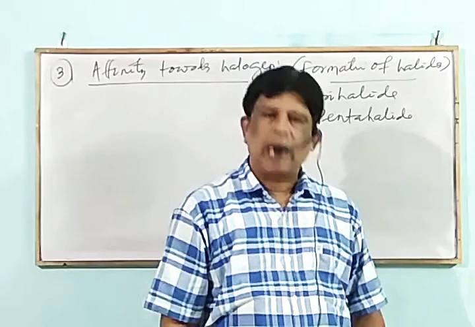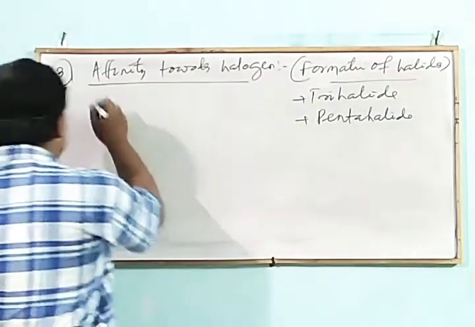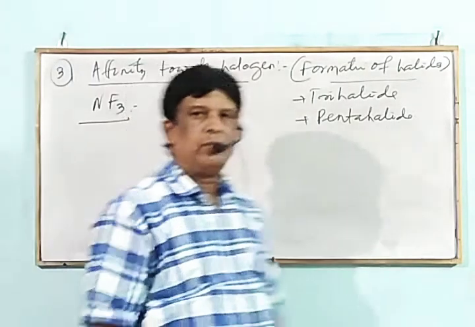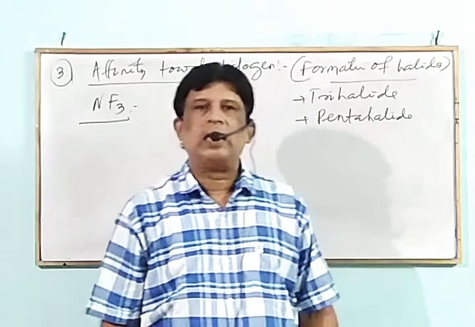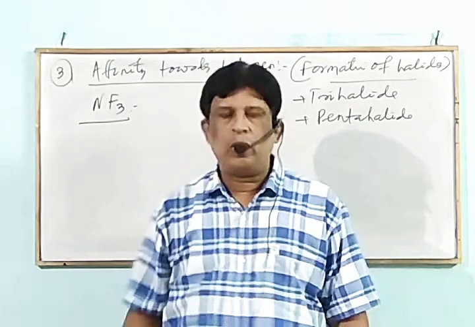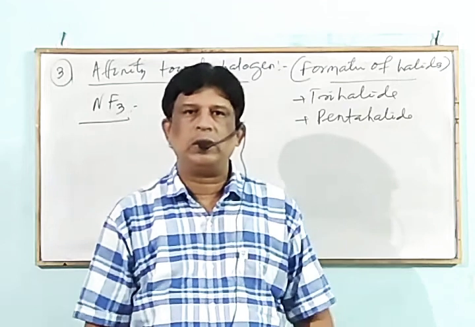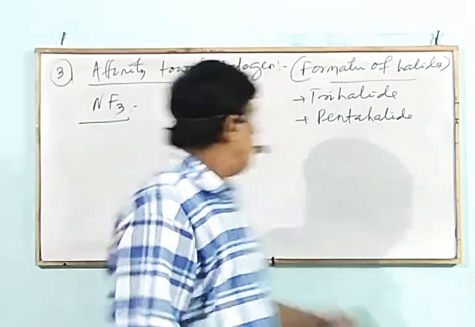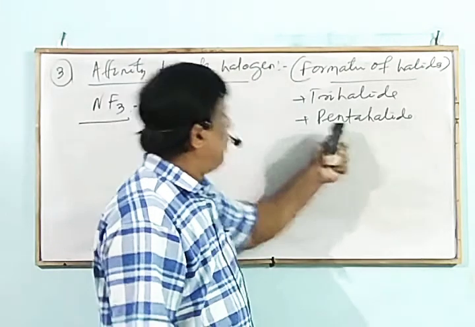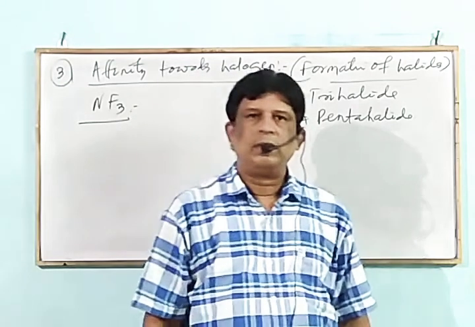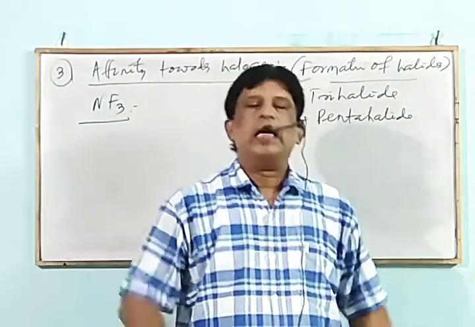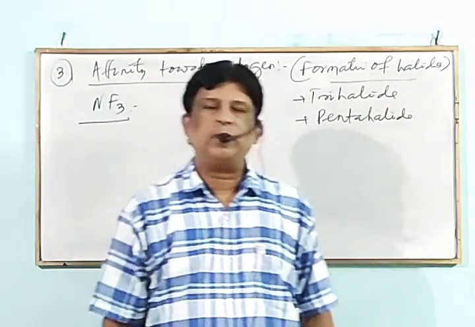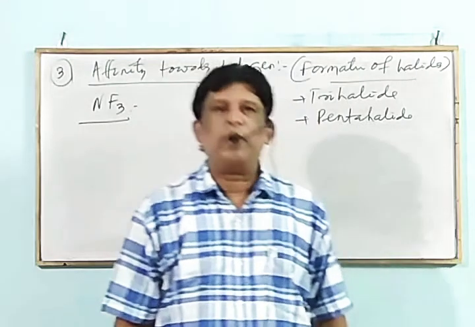If we look at the trihalides, except NF3, all other trihalides are less stable. Only one is more stable among the trihalides of nitrogen. If we compare the pentahalides, nitrogen is unable to form pentahalide because of the absence of a vacant d orbital.